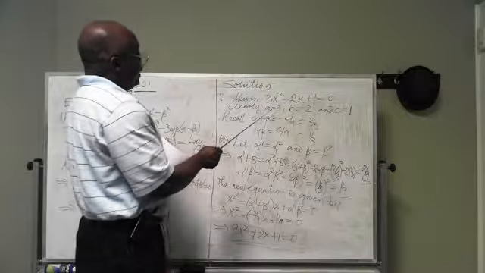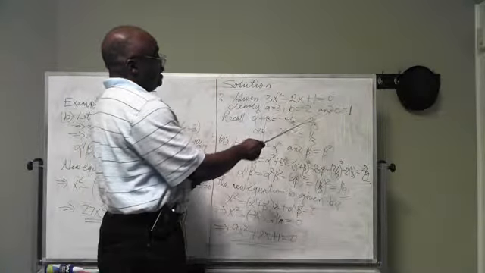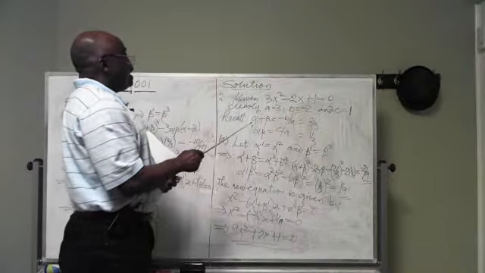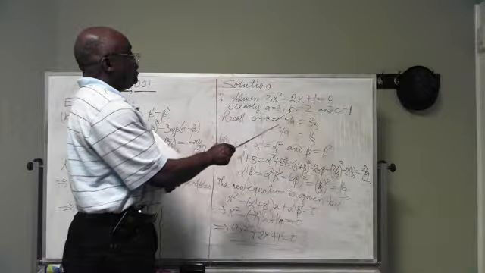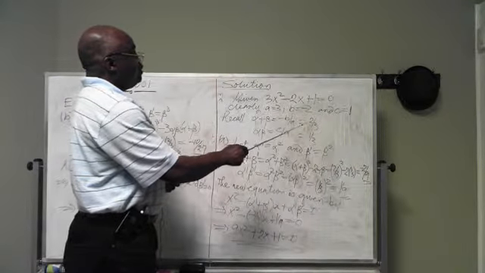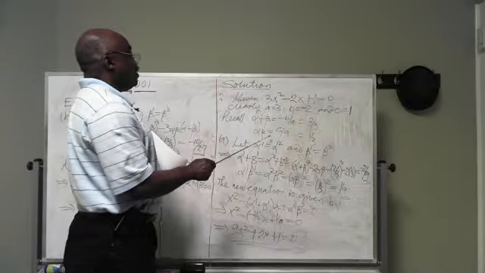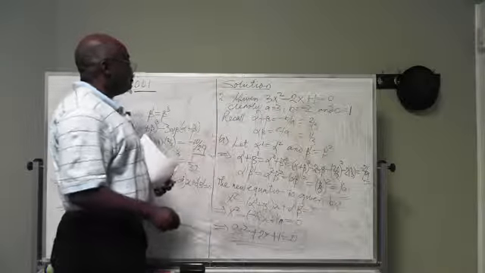Clearly, A equals 3, B equals minus 2, and C equals 1. Recall, alpha plus beta equals minus B over A, which is equal to 2 over 3. Alpha beta equals C over A, which is equal to 1 over 3.